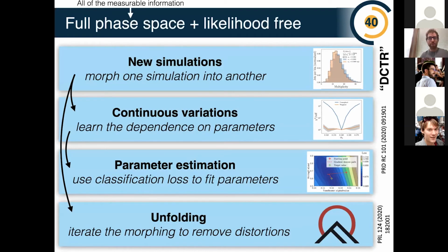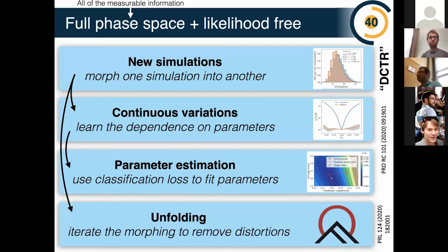Okay, so now to give just a brief overview of all the techniques I've told you about today. So today I've given you a taste of full phase space and likelihood-free approaches to do inference. And by full phase space here, just to remind you, I really mean all the measurable information. So in the collider context, that was all the particle 4 vectors and their flavor, but that could mean really anything. I mean, whatever attribute you have for all the data observables.